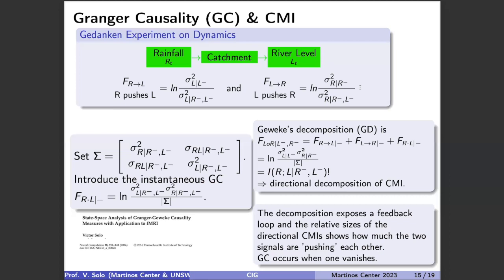Similarly, we could do the thing the other way around, except when we do it the other way around, using the past of the river level to predict the rainfall isn't going to do anything for you because the causality runs in the opposite direction. Okay. Now, suppose I give you two time series, but I do not tell you which is the river level and which is the rainfall. Of course, if you're a hydrographer, you'd look at them and know the difference, but let's not worry about that.